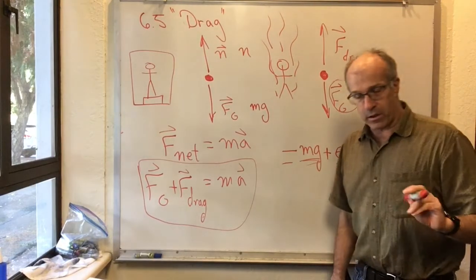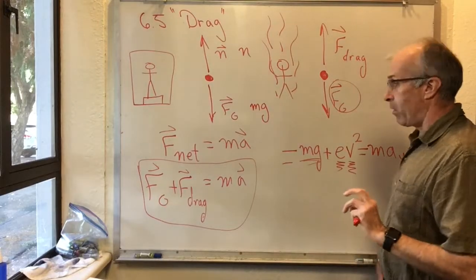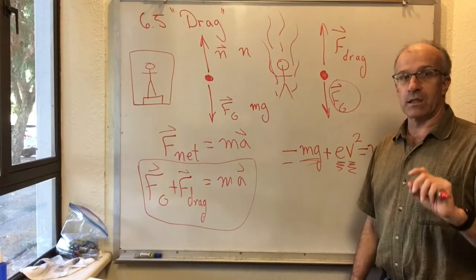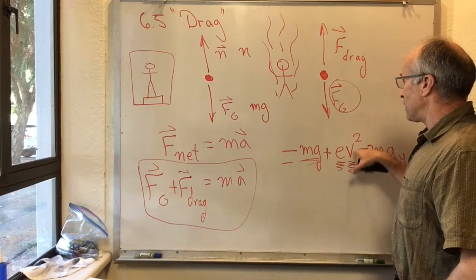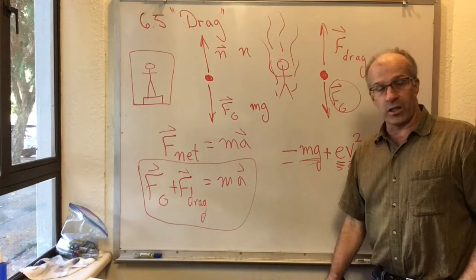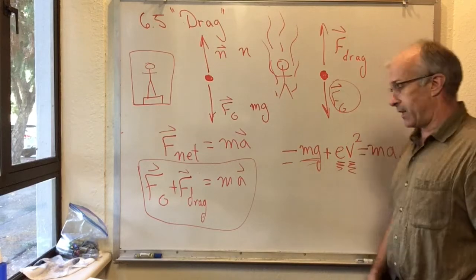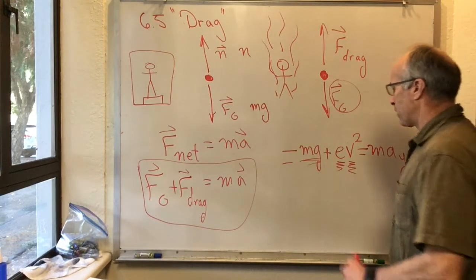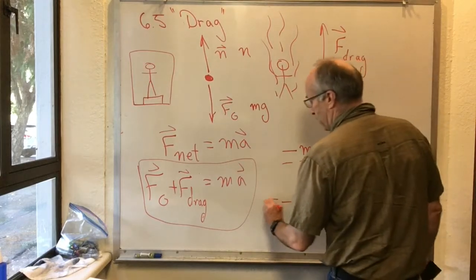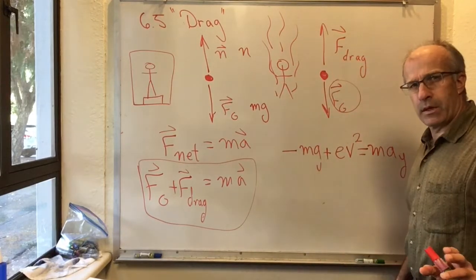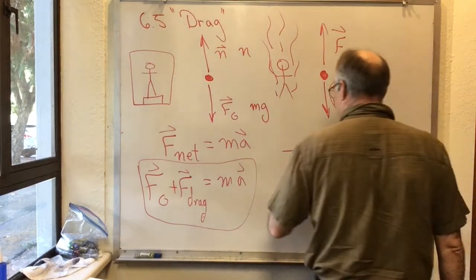This is your first example of a force that's velocity dependent. So the length of this vector is ev squared, and the direction is opposite the velocity. If this person were going through the air, say on a bicycle this way, then the drag force would be that way.